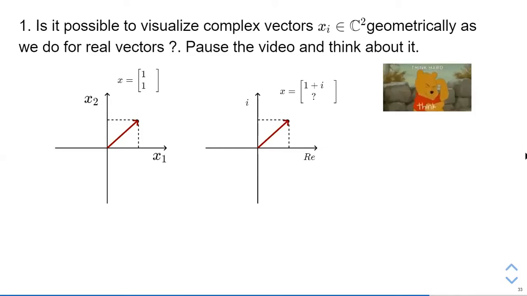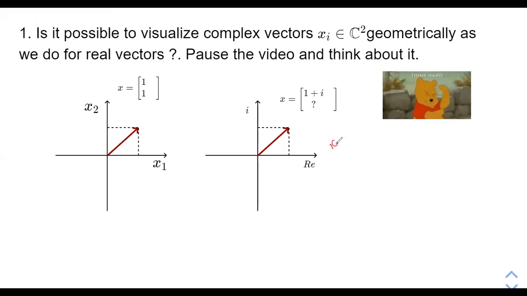Now the question is, if I have a vector x that comes from C2, say I add one more element, 1 minus i, now I have two elements from C, right? So how can I plot it?